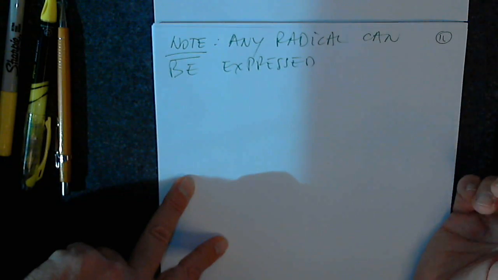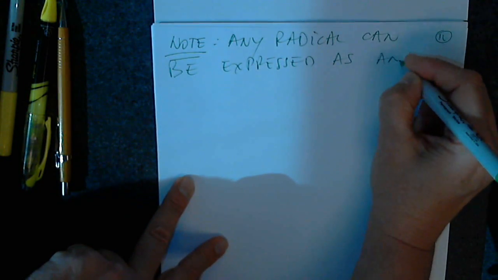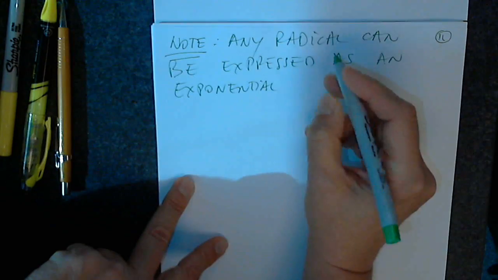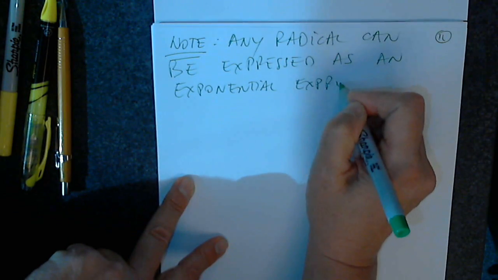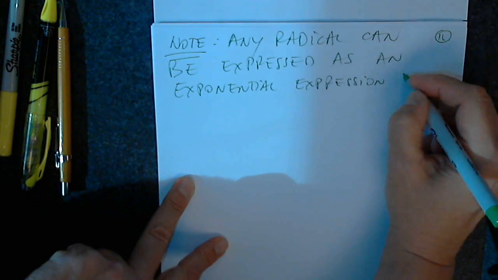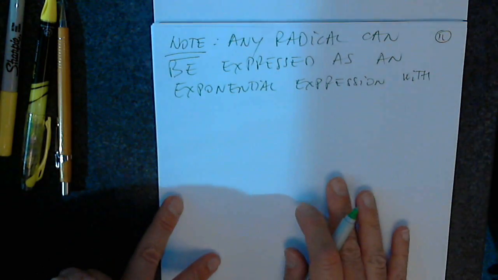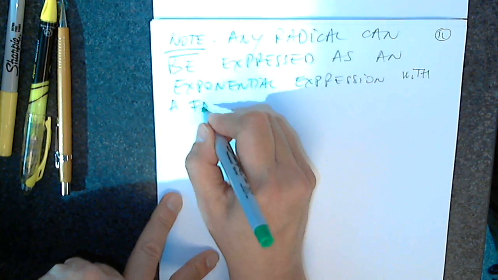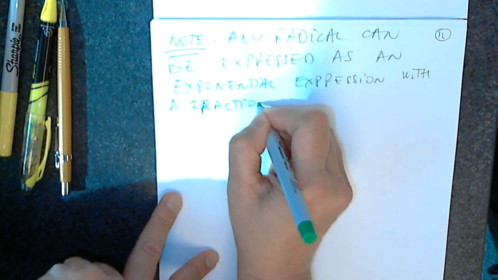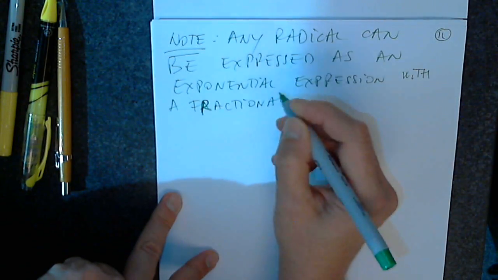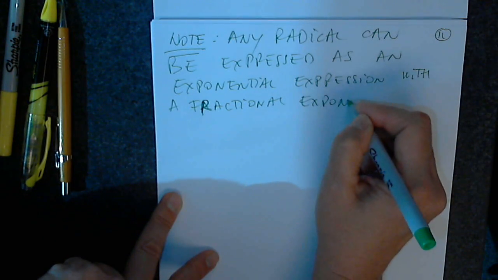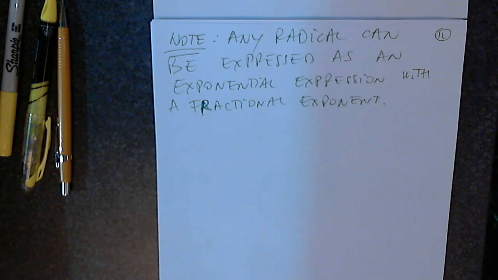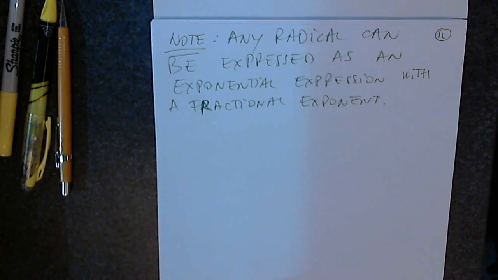Any radical can be expressed as an exponential expression with, and this is super important, a fractional exponent. So it's an exponential notation that has a fraction as exponent.